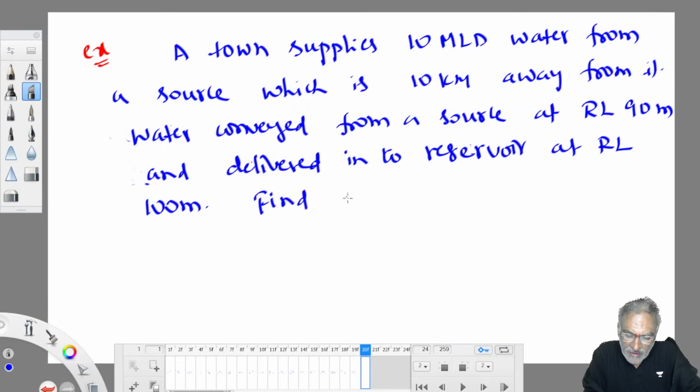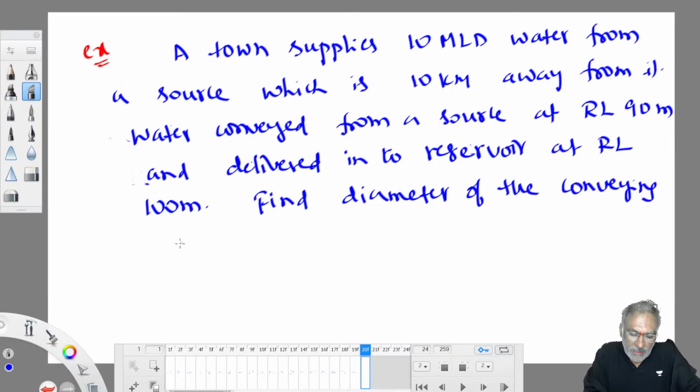Find the diameter of the conveying pipe required.